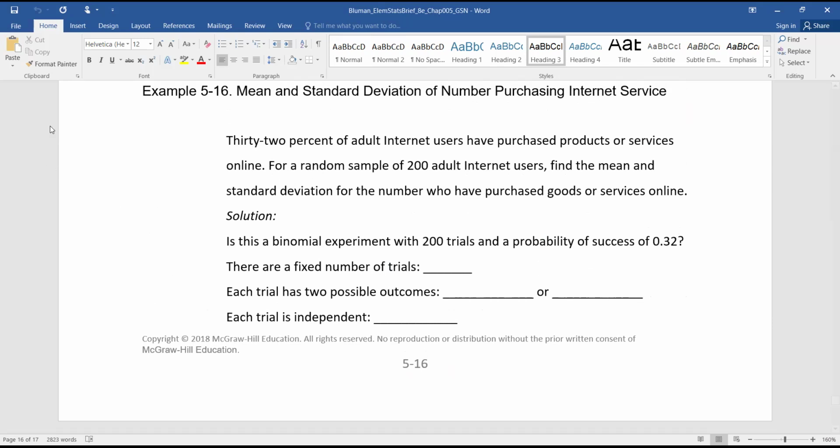So again, 32% of adult internet users have purchased a product or service online. So it's either they have or they have not, and 32% have. For a random sample of 200, so this is probably a success. This would be my n, 200 adult users. We want to find the mean and standard deviation for the number who have purchased goods or services. Now, if we were looking for who have not, this p would turn into a q, and then we just calculate our p.